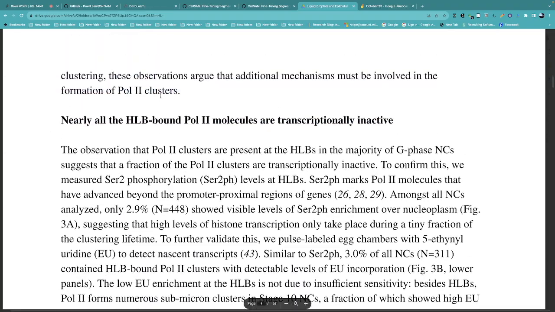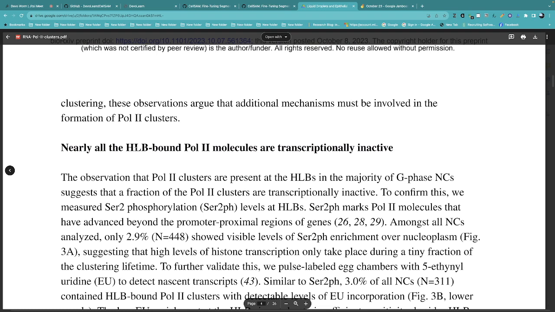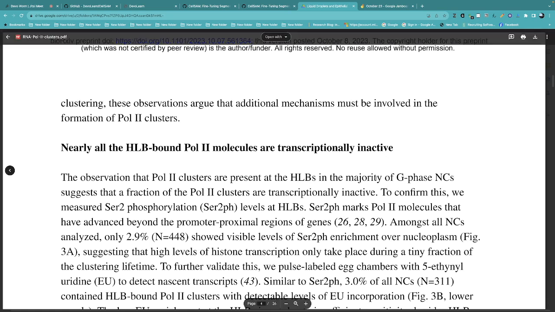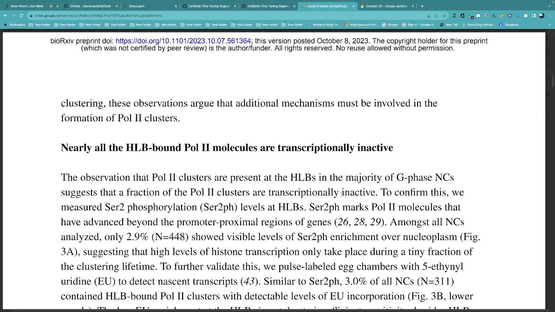And they mention that nearly all the HLB-bound Pol-II molecules are transcriptionally inactive. So the observation that Pol-II clusters are present at the HLBs, or the histone locus bodies, in the majority of G-phase nurse cells suggests that a fraction of the Pol-II clusters are transcriptionally inactive.